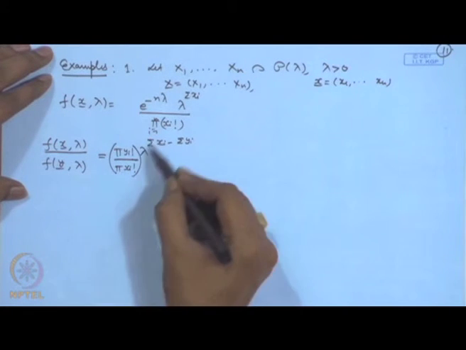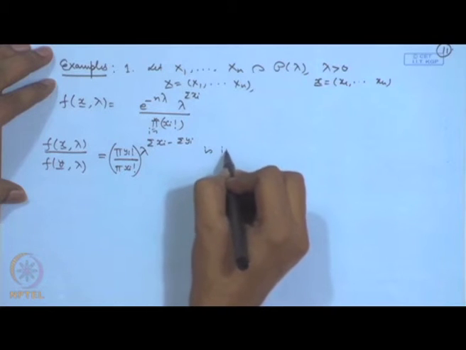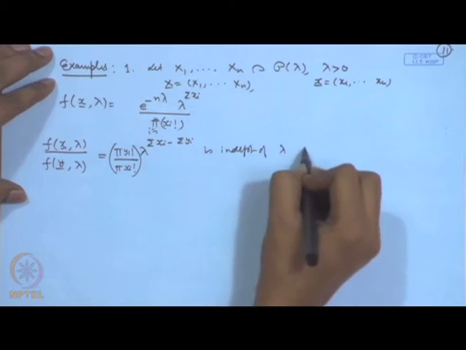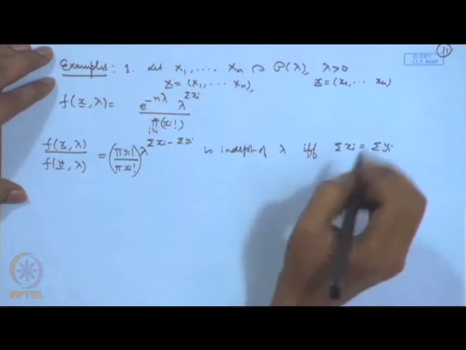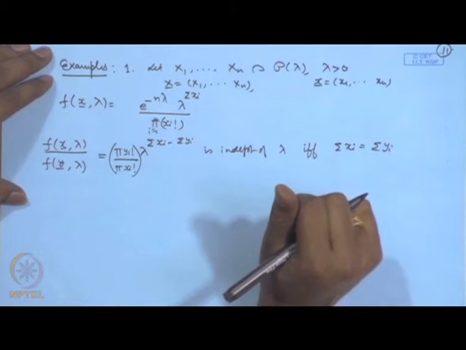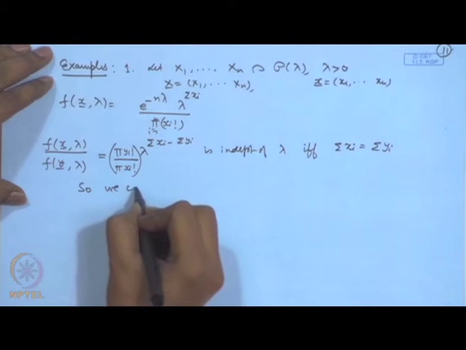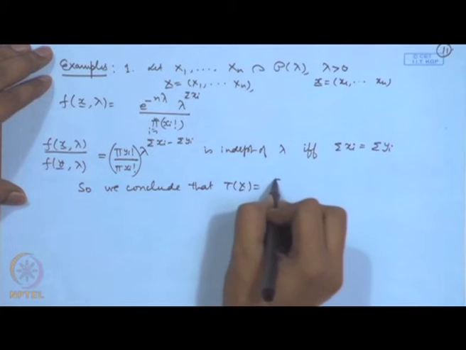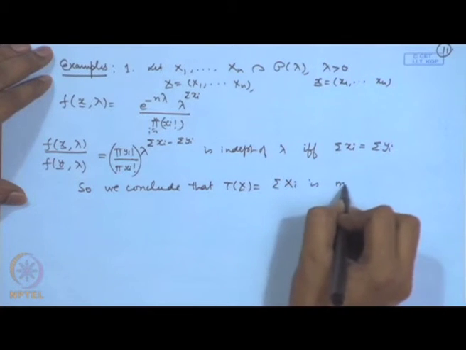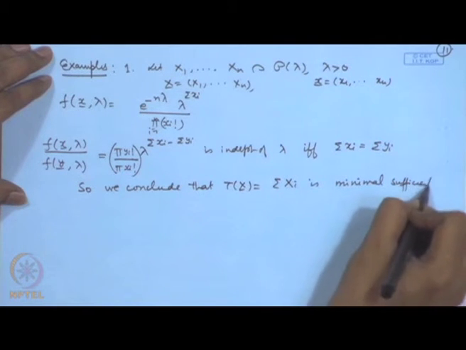Now, this term is dependent upon the parameter through this, and we can easily see that this is independent of lambda if and only if sigma x_i is equal to sigma y_i. So, by the previous result that we have proved by Lehmann and Scheffe, we conclude that T(x) is equal to sigma x_i is minimal sufficient.